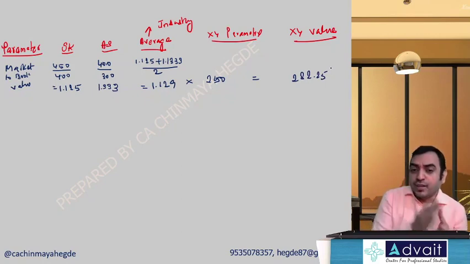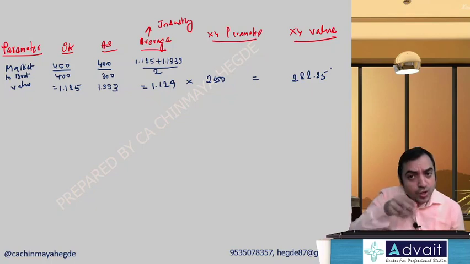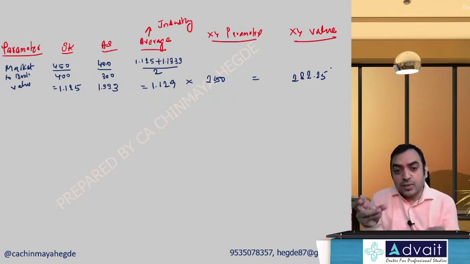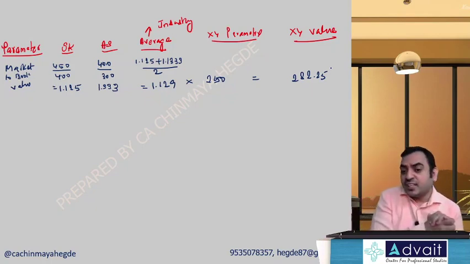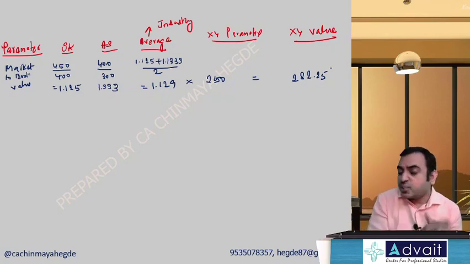I hope you are able to understand why we are multiplying. Simple concept. You know, price to earnings ratio. If earning is available, multiplied by P/E ratio, we get the expected price. Price to sales ratio. We will have sales multiplied by price to sales ratio, we get the expected price.